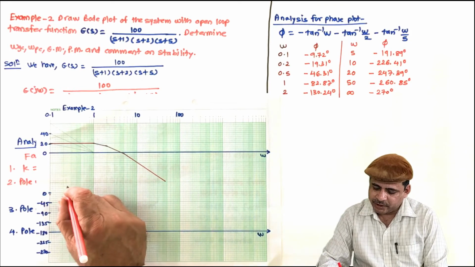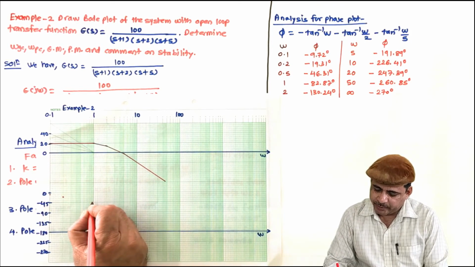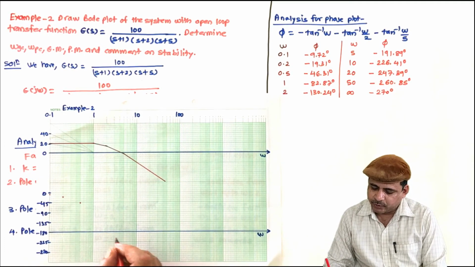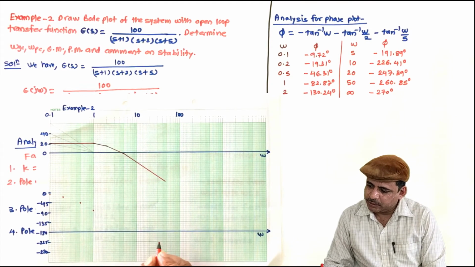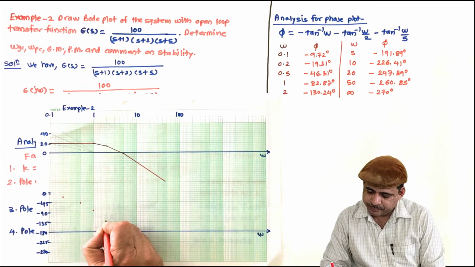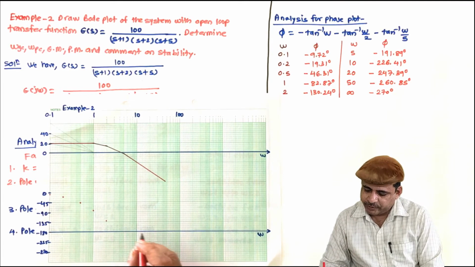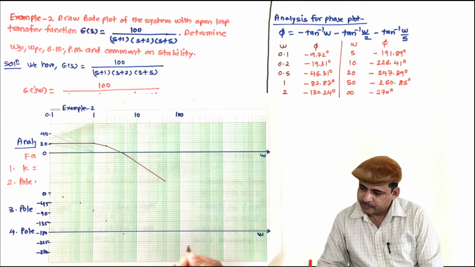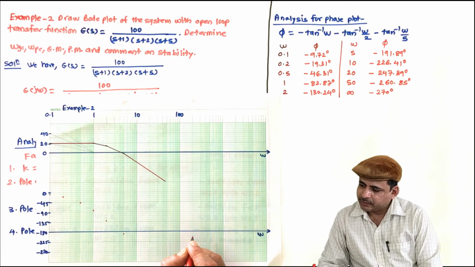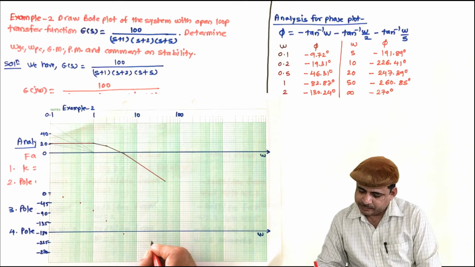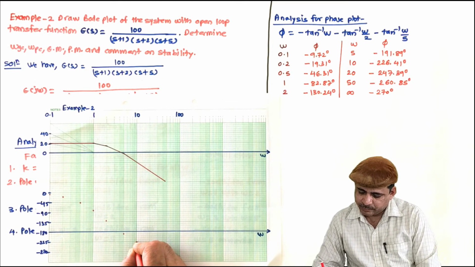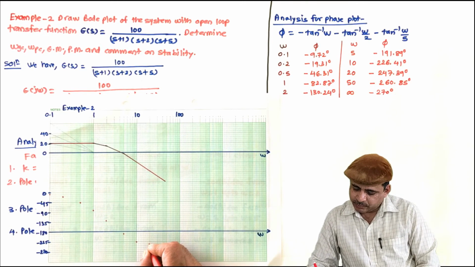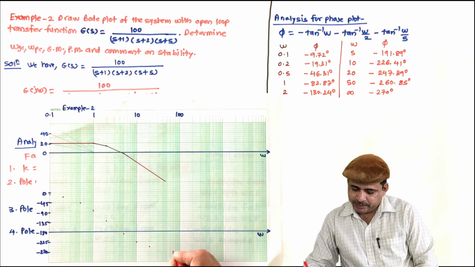Then at 0.5, because one small line corresponds to 9 degree, it is 46, for 1 it is 82, for 2 it is 130, for 5 it is 191, for 10 it is 226, for 20 it is 247, and for 50 it is 260.